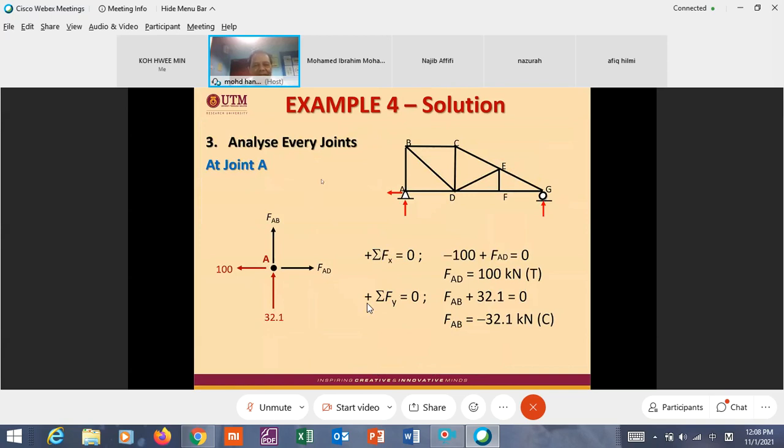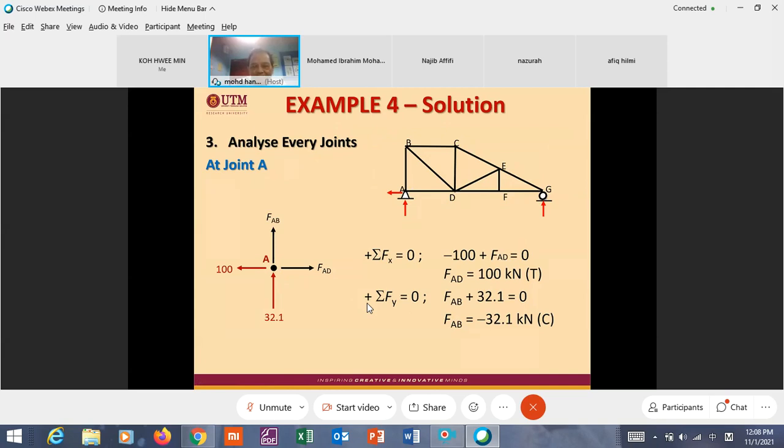And now we start to analyze every joint. Once you know the reactions at the support, then you can start to analyze every joint. You start with what? You start with the simple one. The simple joint. We must start with the simple joint.